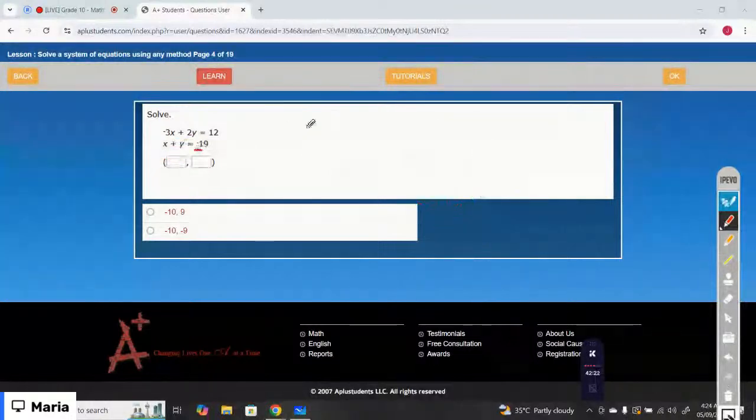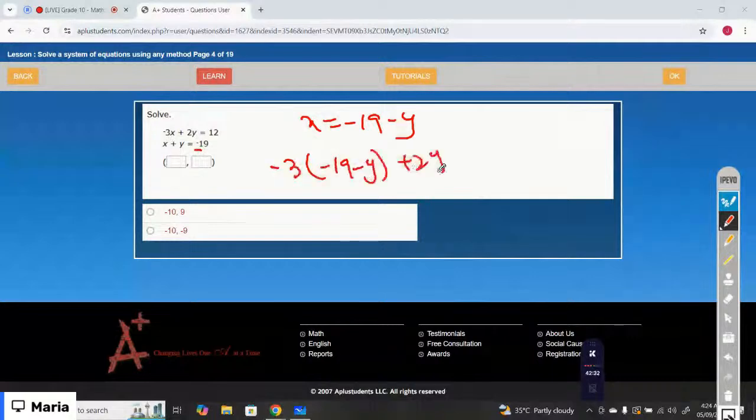Use the second equation, x equals negative 19 minus y. Substitute in the equation: negative 3 times (negative 19 minus y) plus 2y equals 12. That is 3 times 19 is 57, so 57 plus 3y plus 2y equals 12. So 5y equals 12 minus 57, negative 45, right?